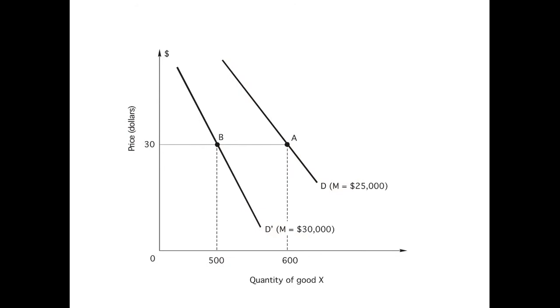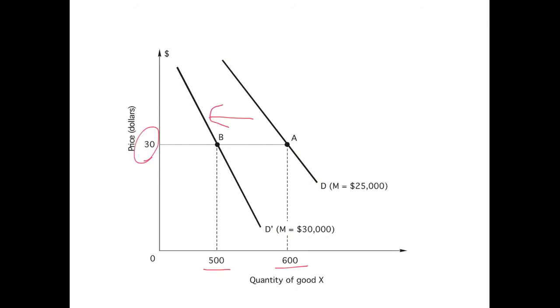So our income has increased, but notice that the demand has decreased. So that tells us something right off the bat. We know this is an inferior good. We get a pay raise and we buy less of the good. In fact, holding price constant at $30, quantity demanded of good X decreases from 600 to 500.